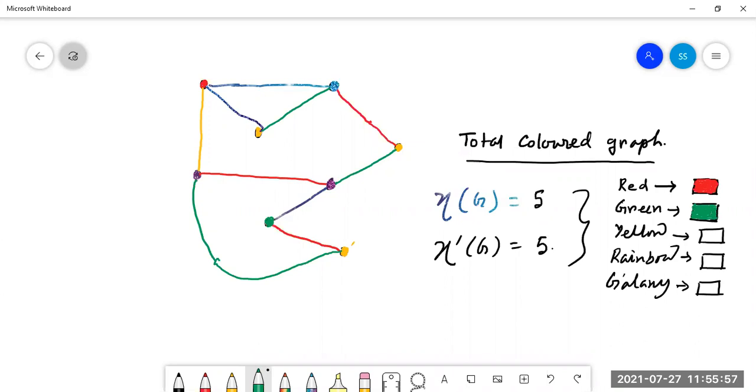This is the green. Then we have to go for the yellow. This one is rainbow, and this one is the galaxy.